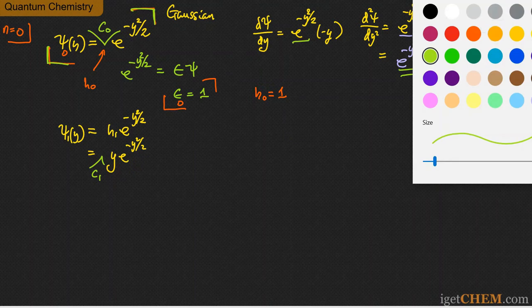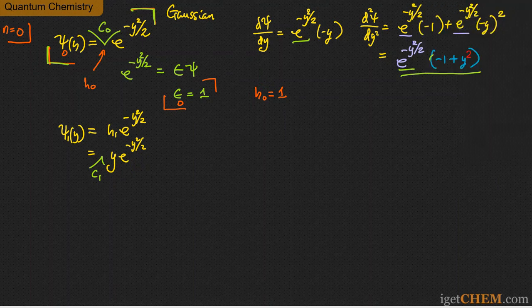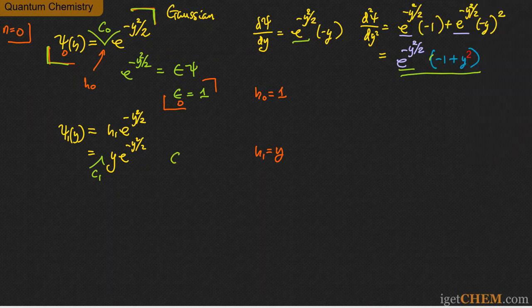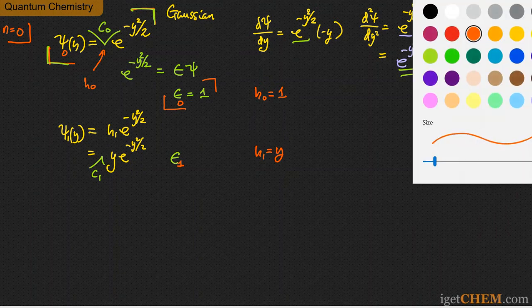And then we discover that corresponding to that, so this is h1 equals y, and corresponding to that h function, we see that epsilon 1 is equal to 3.